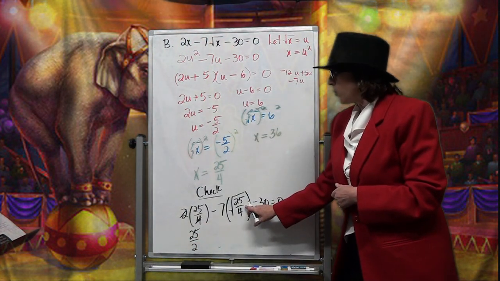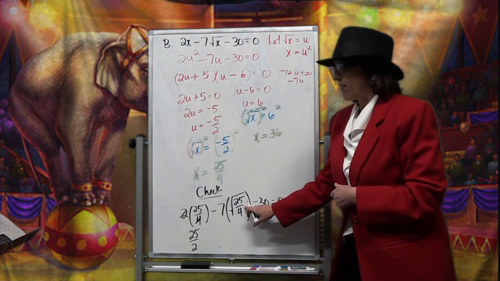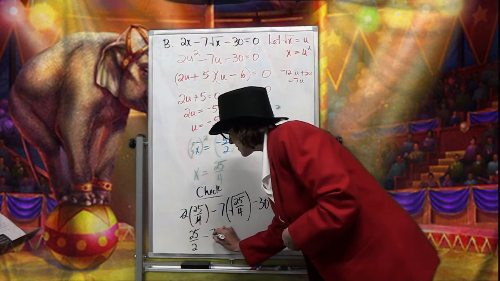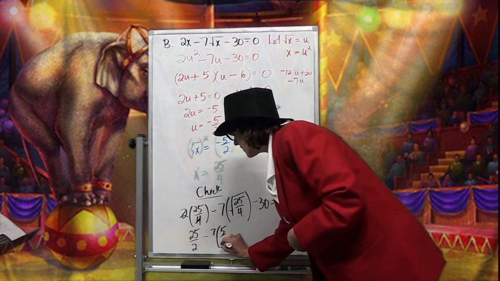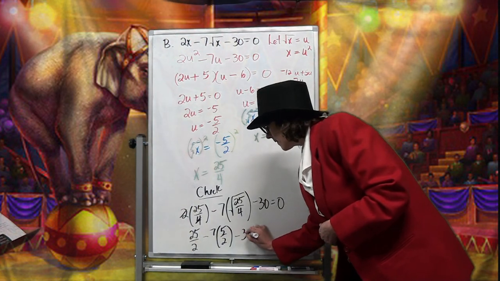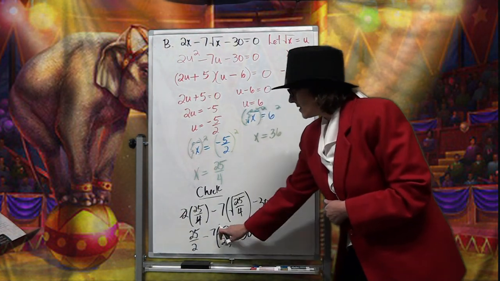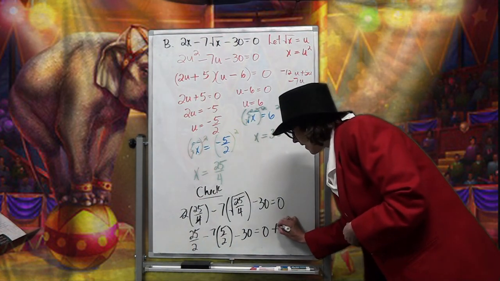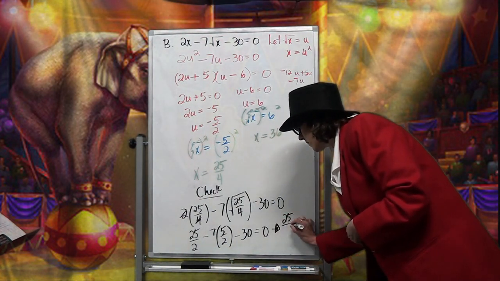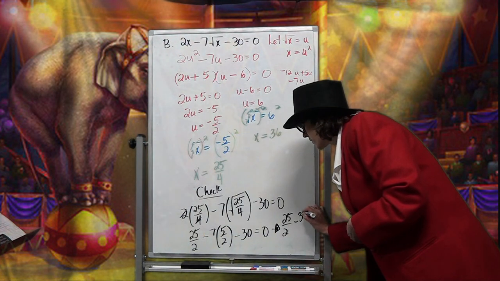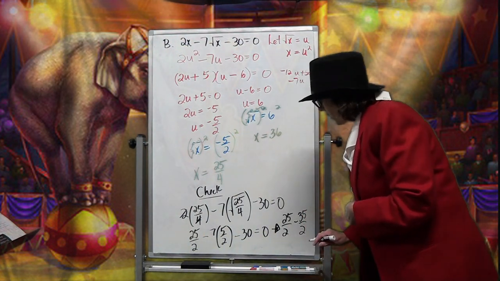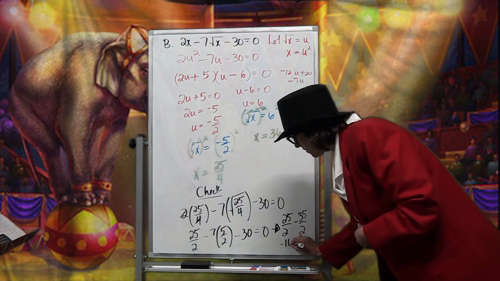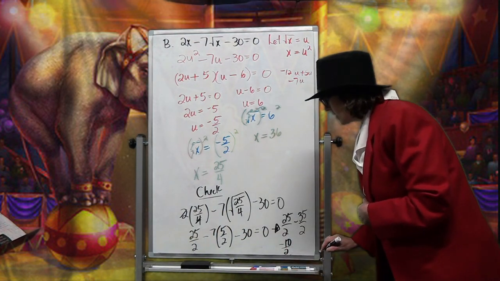Here, the square root of 25 over 4 is going to be 5 halves. So I'll have a minus 7 times 5 halves, which incidentally is going to be 35 over 2. So I have 25 over 2 minus 35 over 2, which is negative 10 over 2, and negative 10 over 2 is a negative 5.